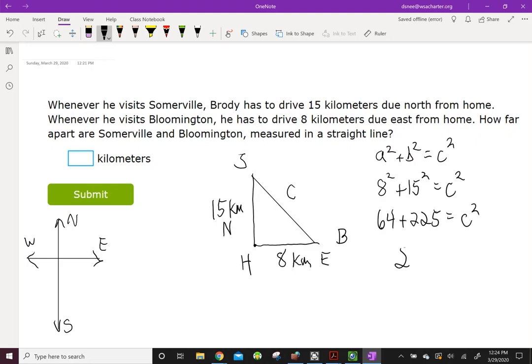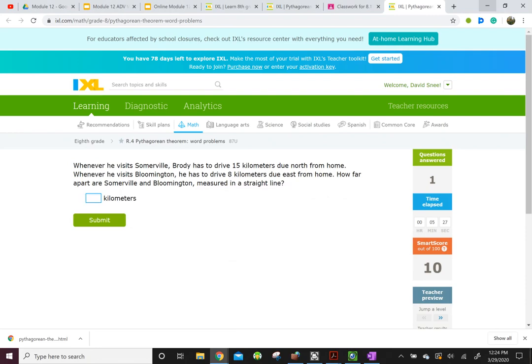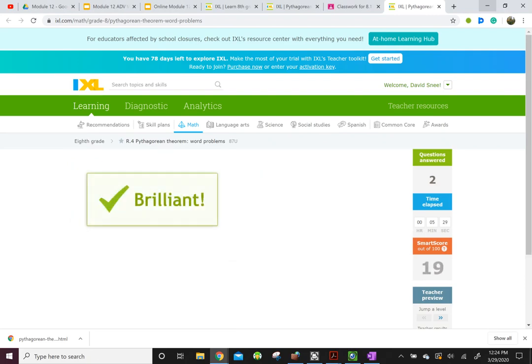So it's 289, and I'm going to take the square root of C squared, and I find that 17 is equal to C. The hypotenuse is the long side. So I'm going to go back in here, and I'm going to do 17, enter.